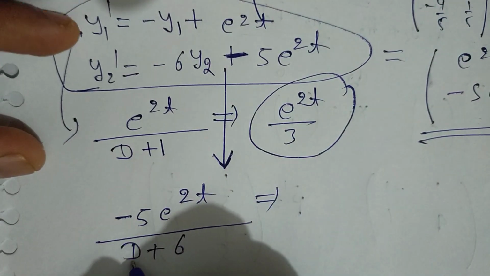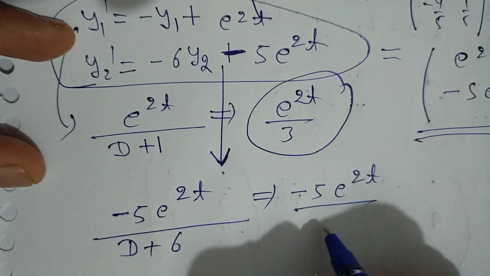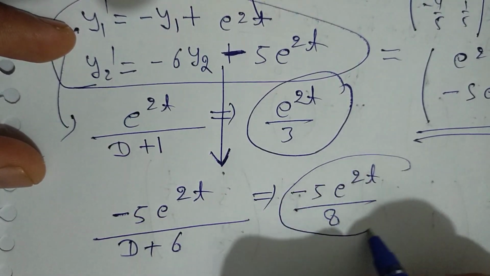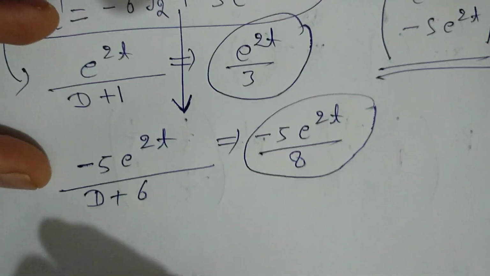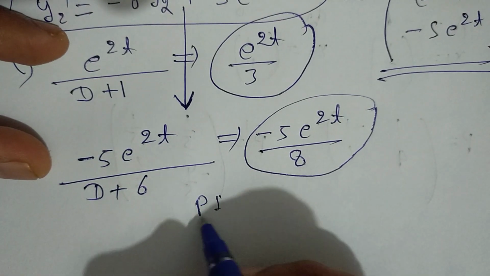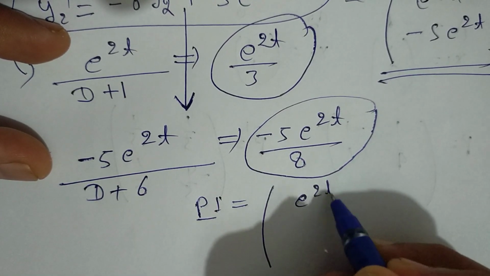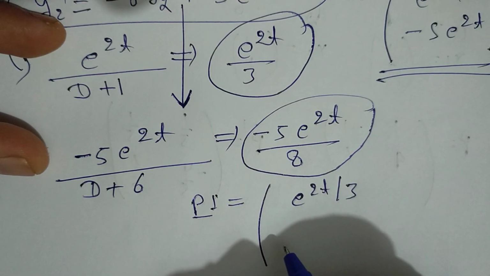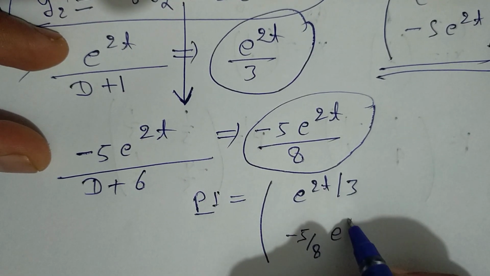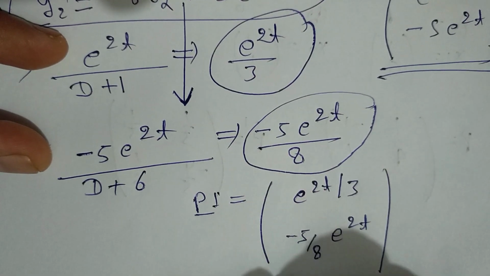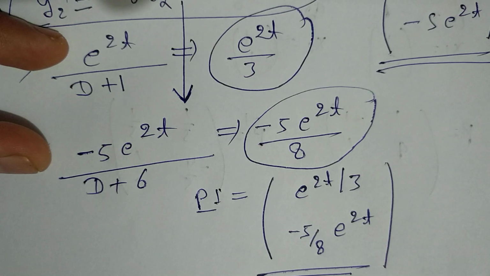In the place of D we replace 2, so minus 5 e power 2t by 8. This is your particular integral for the second equation. In vector form, the particular integral equals [e power 2t by 3; minus 5 by 8 e power 2t]. So this is your particular solution in the vector form.